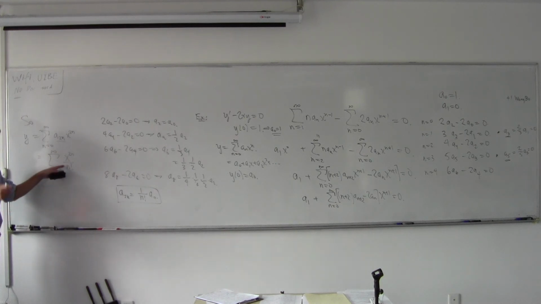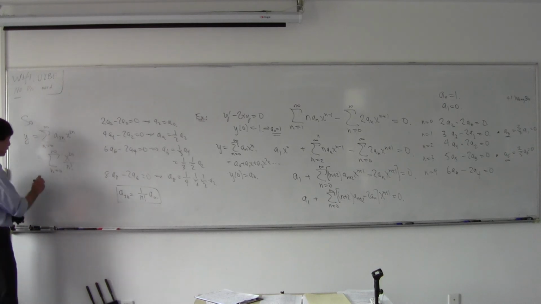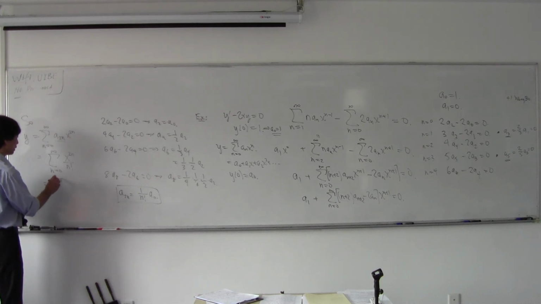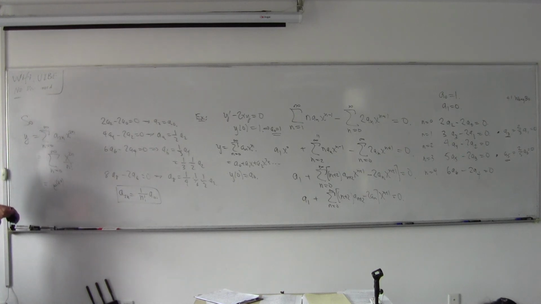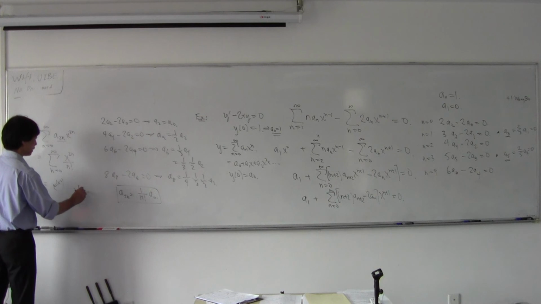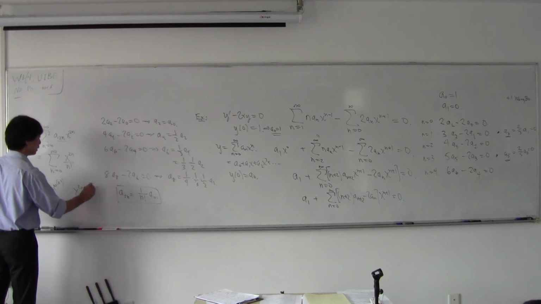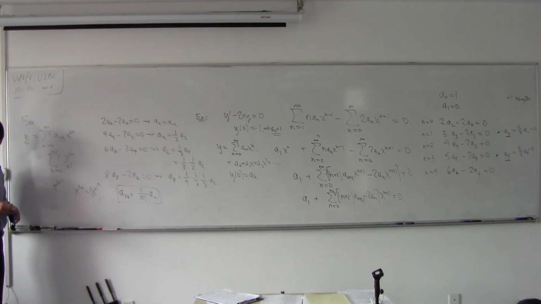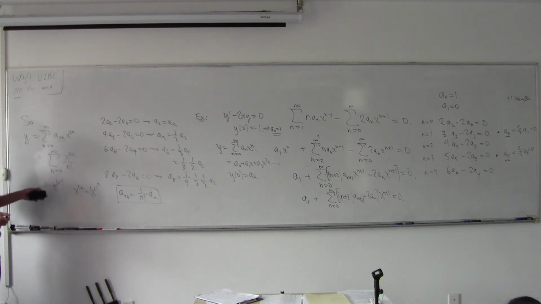What's e to the x squared? This is e to the x squared, because x to the 2n is the same thing as x squared to the n. So you recognize it.